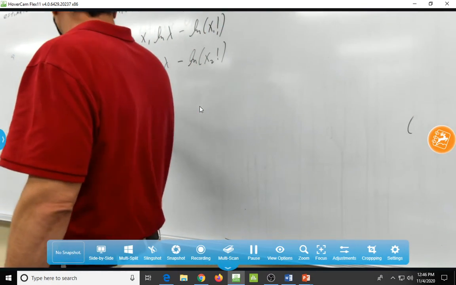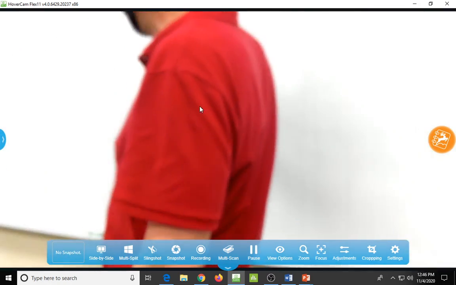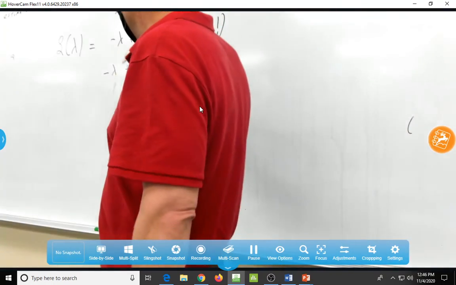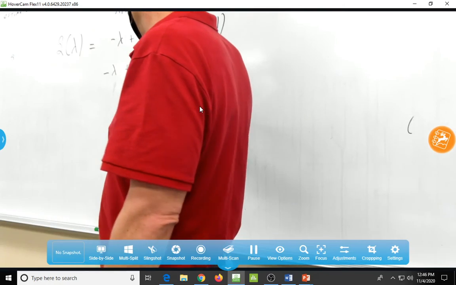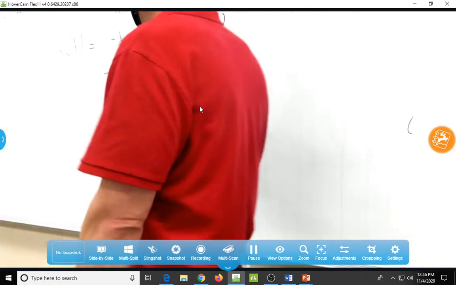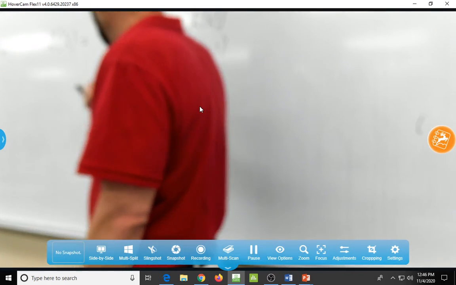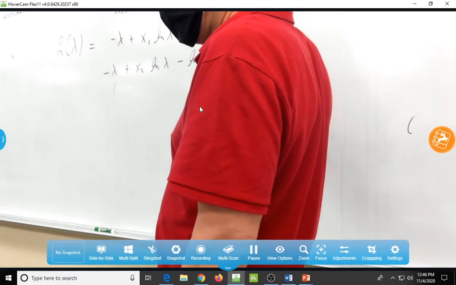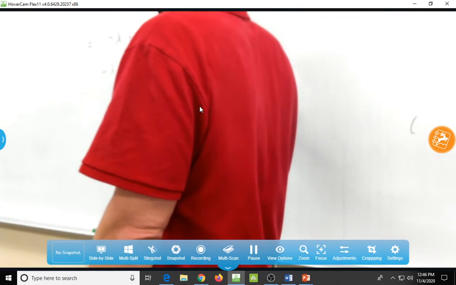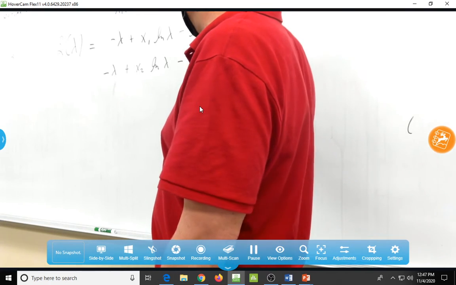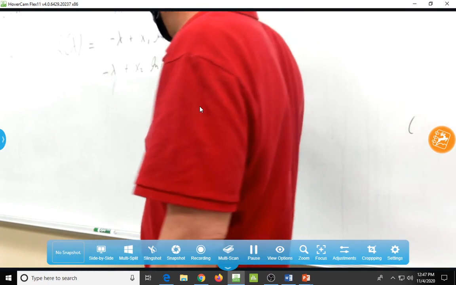For x3, the same with x3, and likewise for x4, x5, and x6.